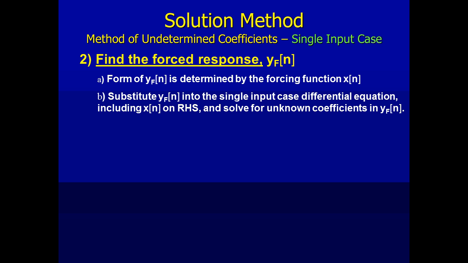So y forced response of n plus 1/2 y forced response of n minus 1 is equal to x sub n. If we have a constant, well, we know that's a constant.